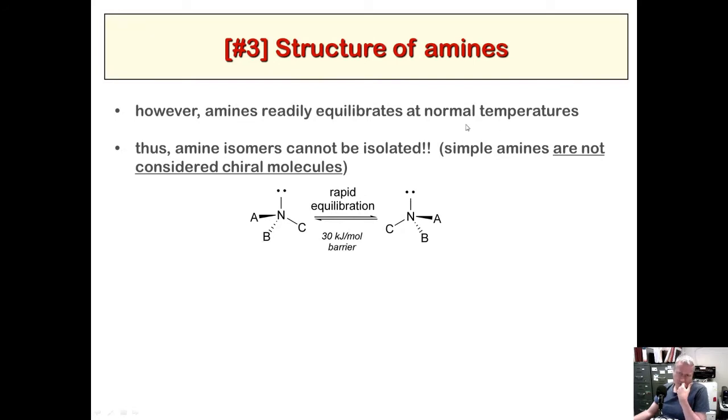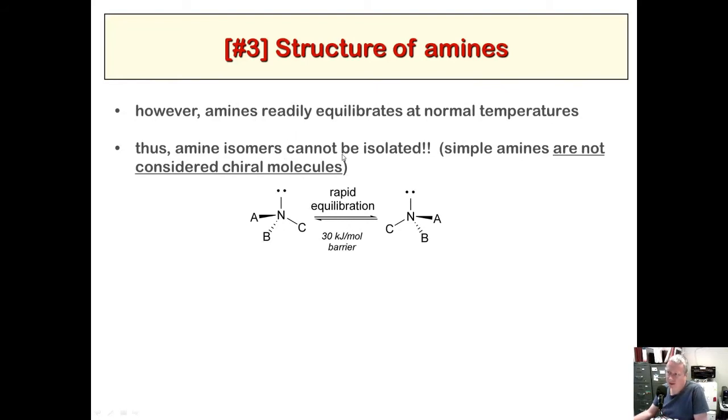So normally amines and these chiral amine structures will equilibrate at room temperature. So that means they can't really preserve chirality the way a carbon chiral center can, like R-2-bromobutane or something, right?